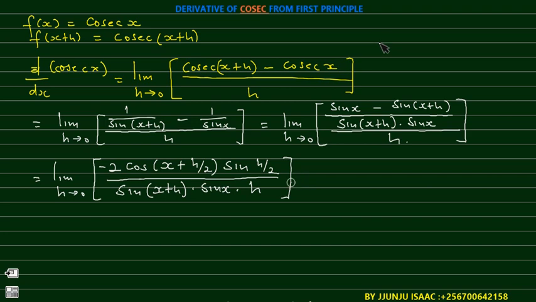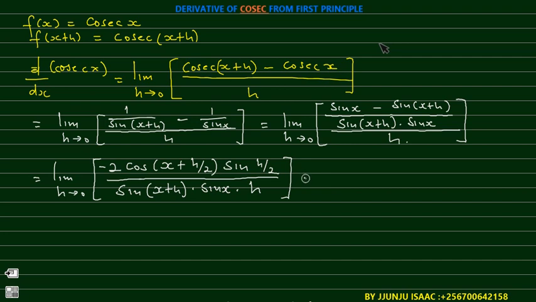Alright, so I'm going to continue simplifying this expression here. Now when you see it is sine x, which is not bothered about the h, so I can pull this sine x out.